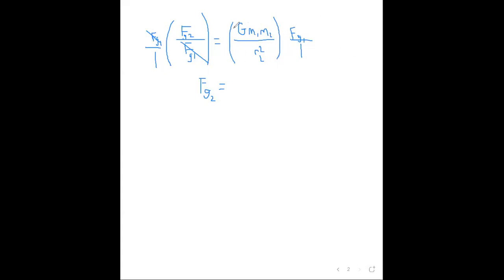You don't do a weird crisscross method. So FG1 gets brought into the numerator, and you have FG1 times your universal gravitational constant, big G, times M1, and then M2, all divided by the R squared.